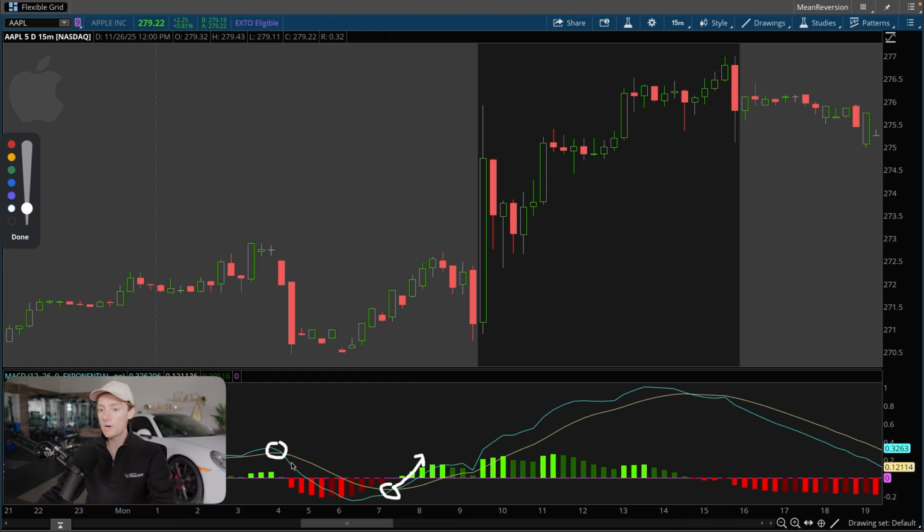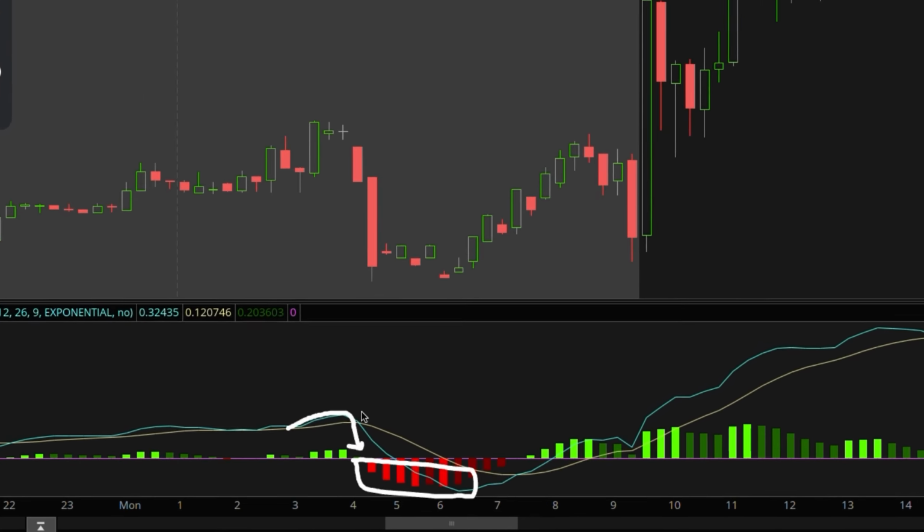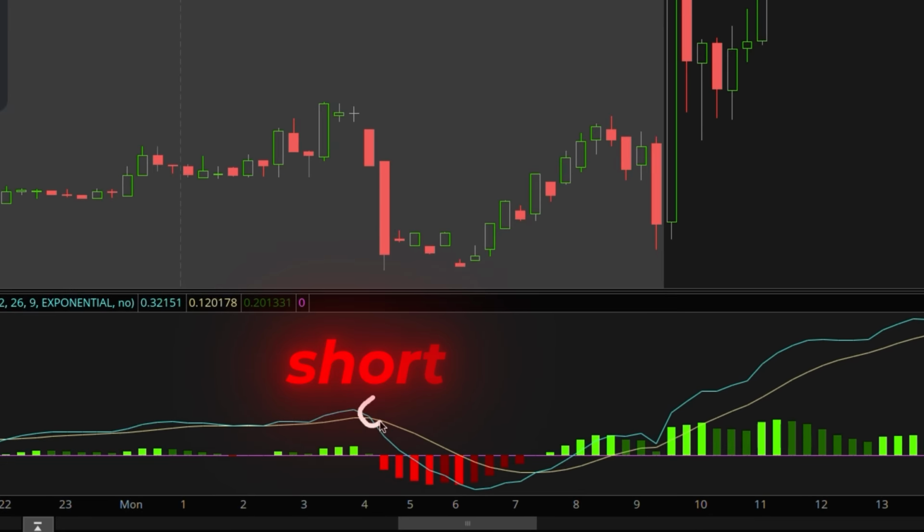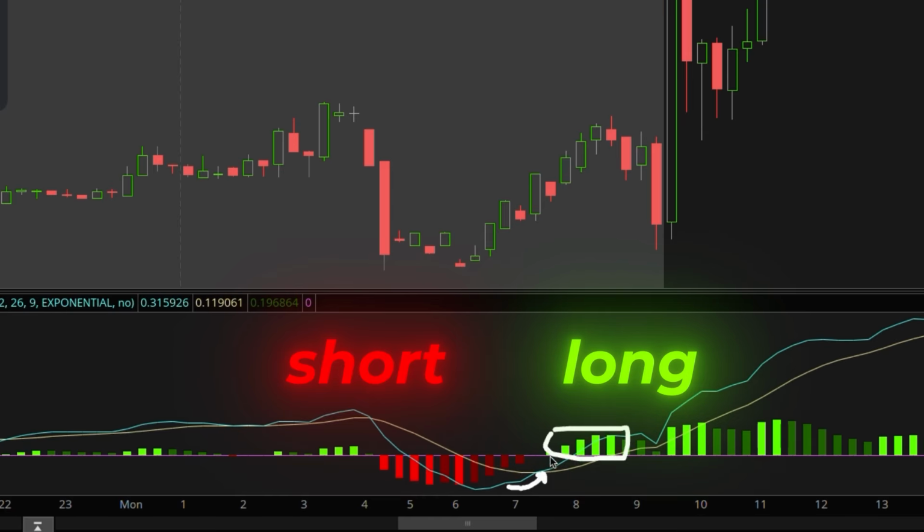When the MACD crosses over to the downside and flips to red, that gives us indication that we can get in a short position. Whereas on the other hand, if the MACD crosses back over to the upside and turns green, that lets us know that we can get in a long position.